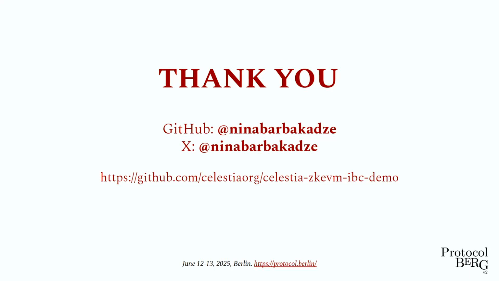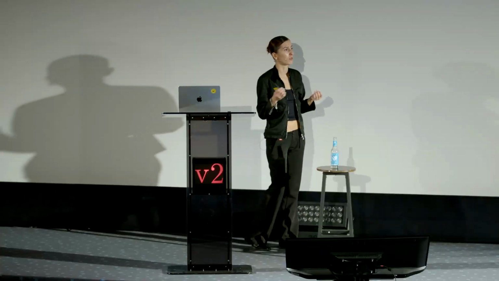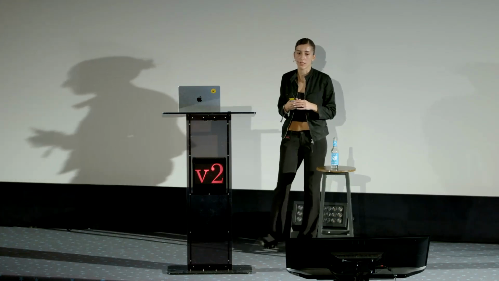And one final question. Can proofs be shared across smart contracts from different projects, or do apps need to generate their own? Wait, can you repeat the question? Can proofs be shared across smart contracts from different projects, or does every app need to generate their own? Maybe, yeah. I mean, you mean the verification of the proofs, or can proofs be verified across different smart contracts? I guess they're asking who is generating these proofs for the state transitions. It's a separate process.